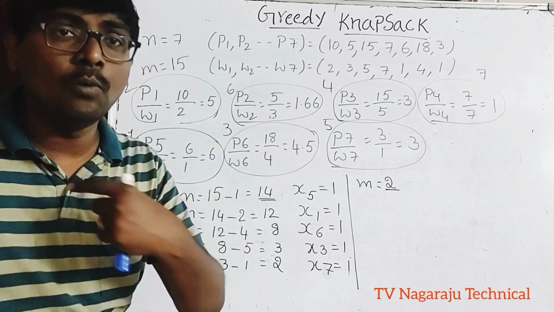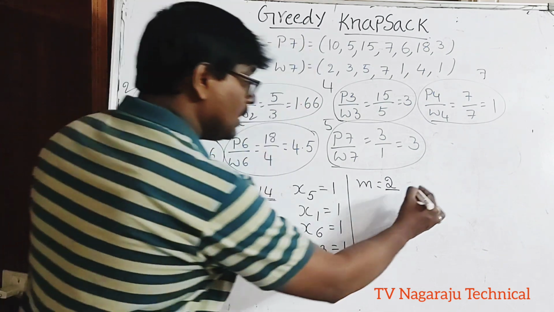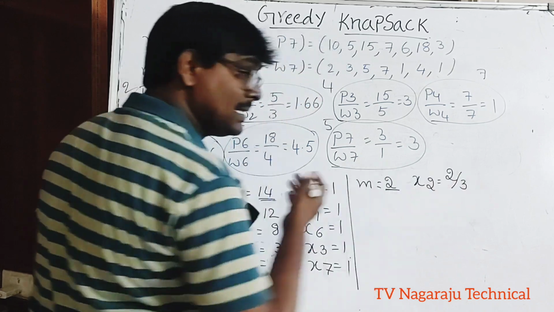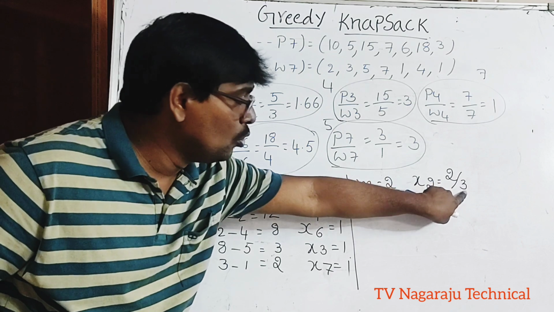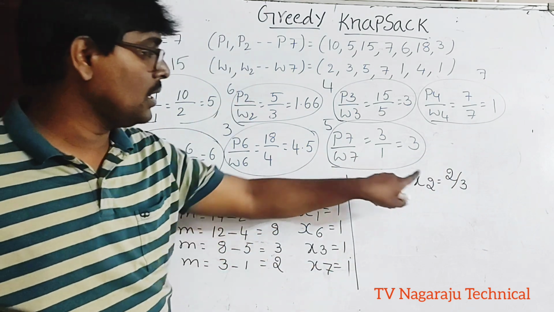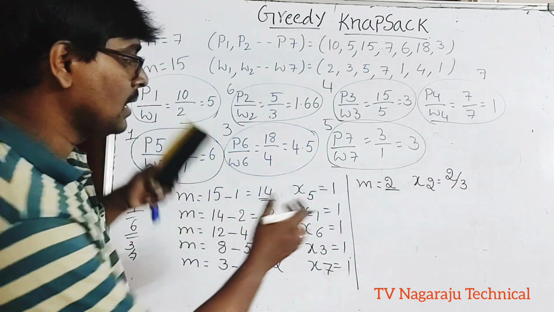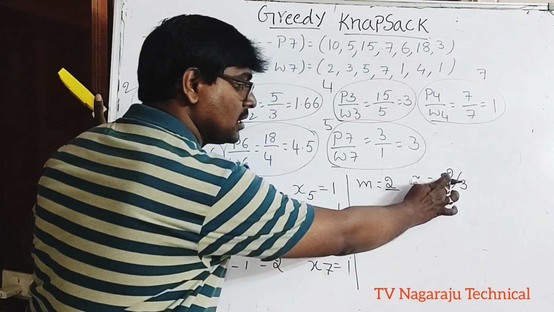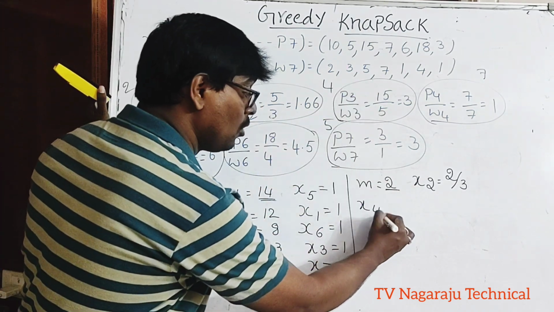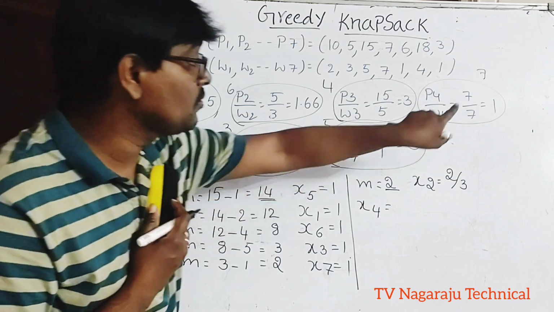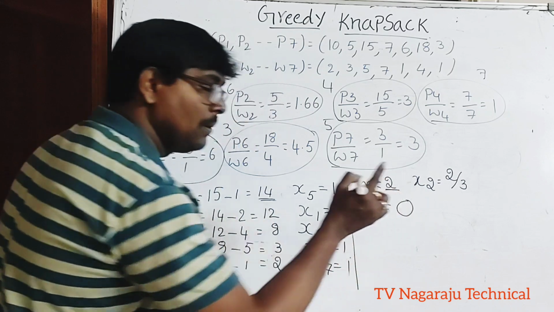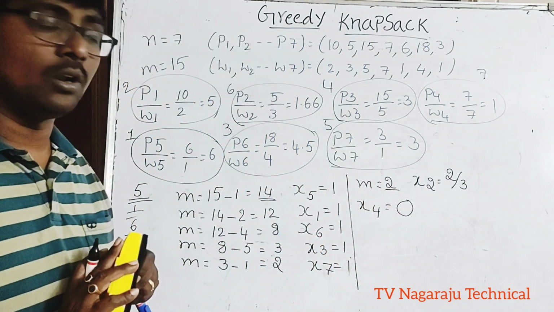My capacity is 2, but I have 3 weight. So what is the value of x2? 2 by 3. What is the meaning of this? Only 2 portions are allocated. If you place it completely, the value is 1. If you place only a fraction, it is the knapsack capacity by the weight of that object. Now is anyone remaining? x4 is remaining. What is the value of x4? Till now there is no space, so even a fractional part is not possible to include.